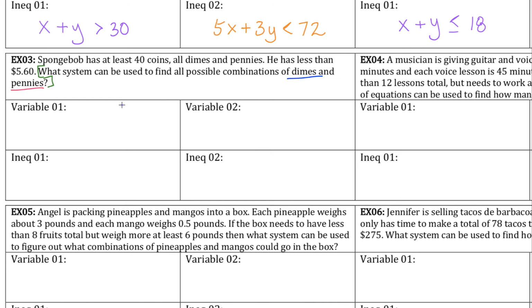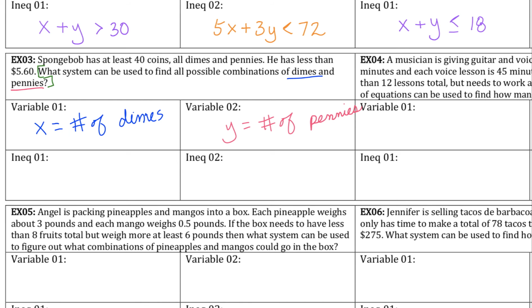So I guess we'll do X is the number of dimes and Y is the number of pennies.